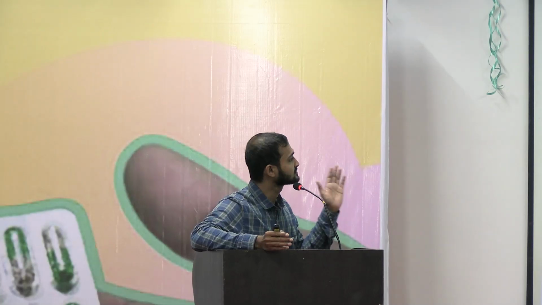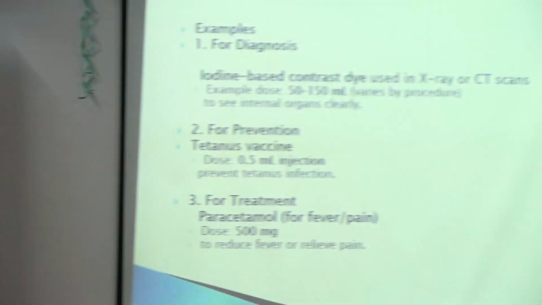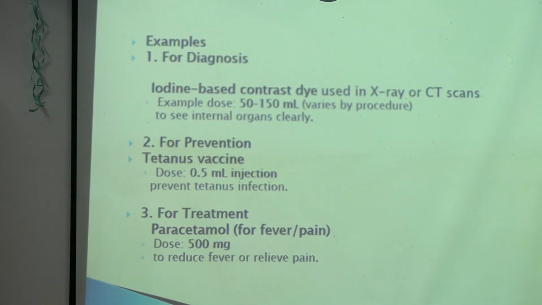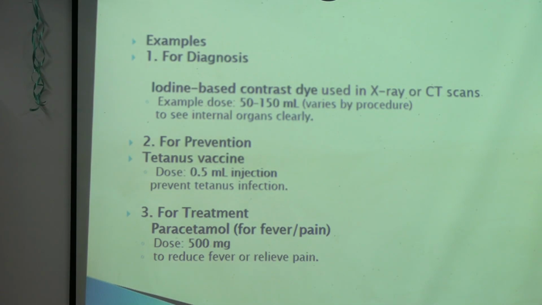There is dysplasia of the lining, a structural change in the esophagus. Sometimes it might lead to certain malignancies, like carcinoma of the esophagus, so it is a benign condition. In those cases, we also use iodine or contrast based dye in X-rays, and in certain CT scans we give dyes to visualize the internal organs.